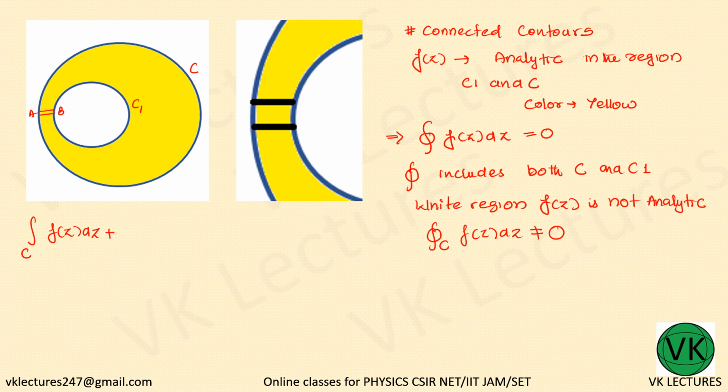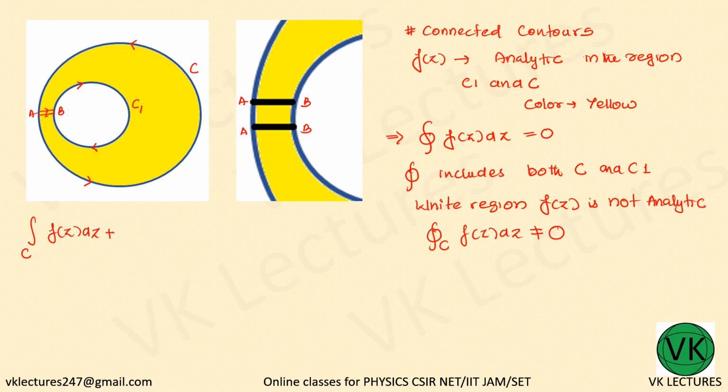So this is a, this is b, this is b, and this is a. Now the closed contour will be over this curve C from one end, then coming this way and then moving back.